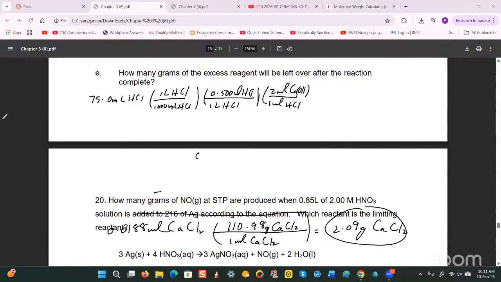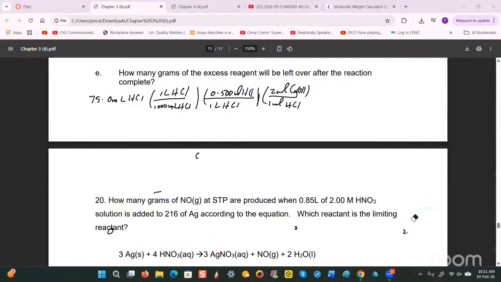Let me just see this bottom part here. I think the 2 moles would be HCl. I'm sorry, you're right. This should be 1 here, my bad. This should be 1 here. And this should be 2 here, so let me change it up. So this would be 1 mole of calcium hydroxide. And this will be 2 moles of HCl, all right?